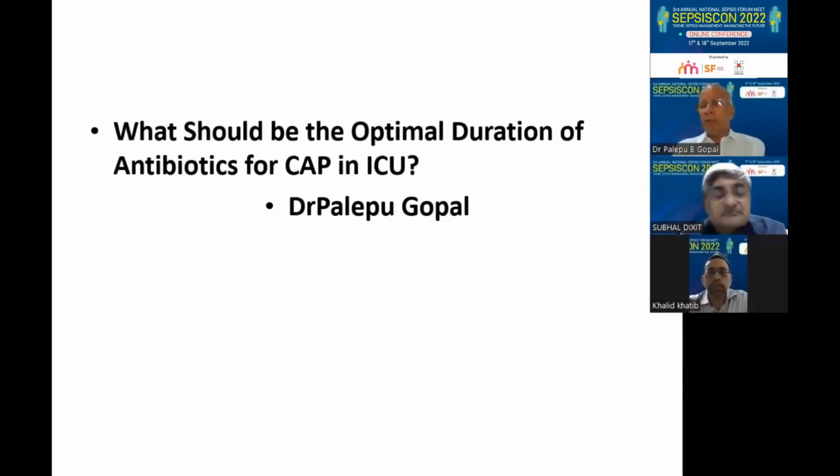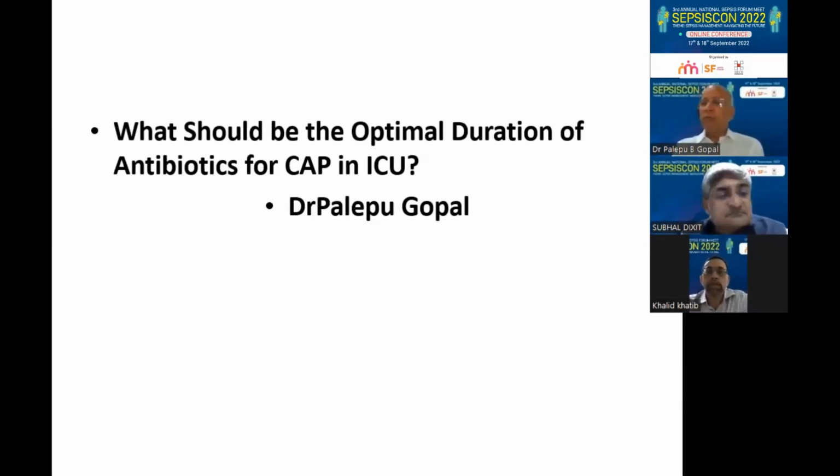Possibly the answer to this question lies in 1, what kind of infection it is; 2, what are the characteristics of the infection in the patient; 3, what is the response of the patient. Depending on these 3, for example, if it is a non-pseudomonal community acquired pneumonia, usually we give antibiotic therapy anywhere between 7 to 10 days, even in ICU.